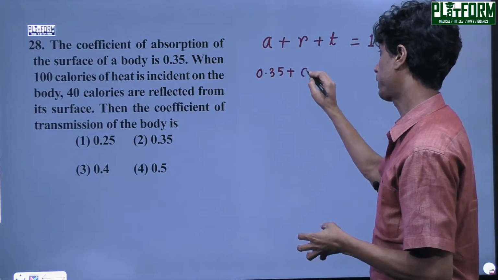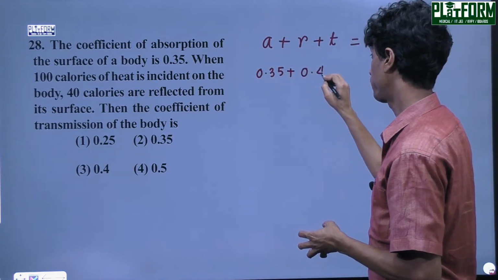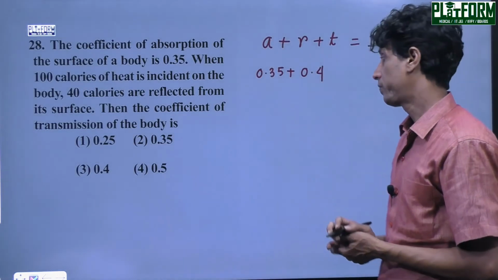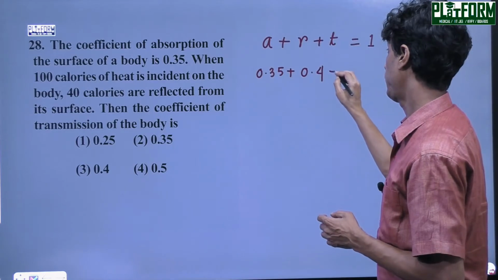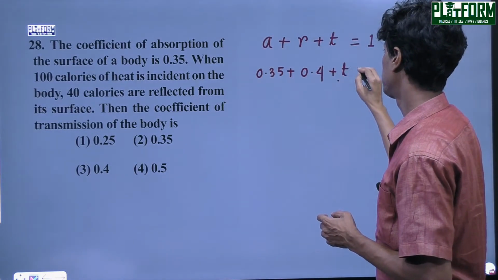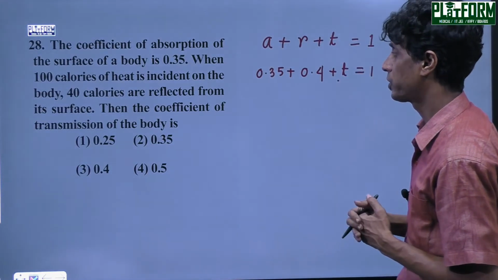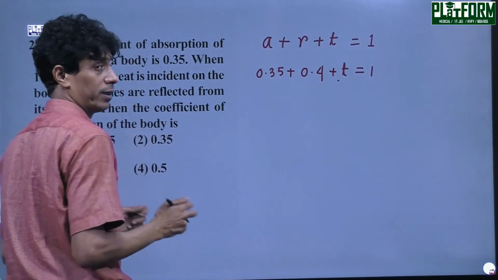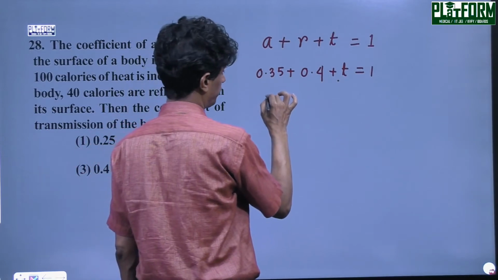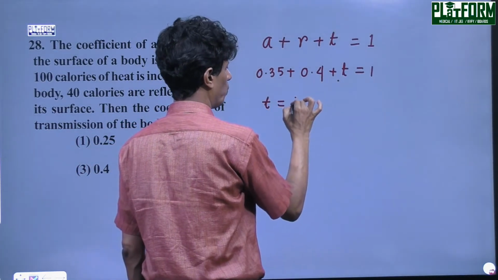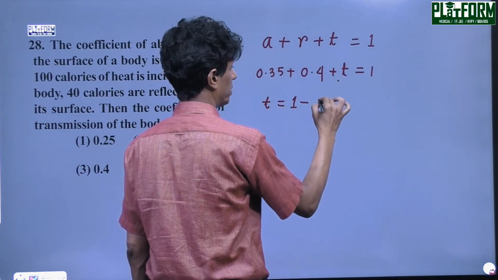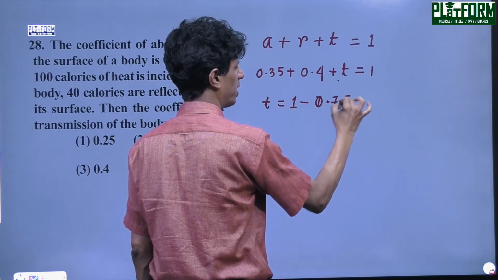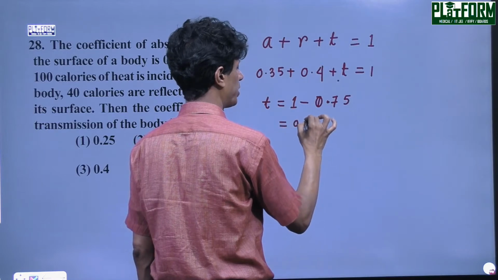So the fraction of the energy reflected is 0.4, and we have to find out T, that is the fraction of energy transmitted, the coefficient of transmission of the body, and here T is equal to 1 minus 0.75, and the answer is 0.25.